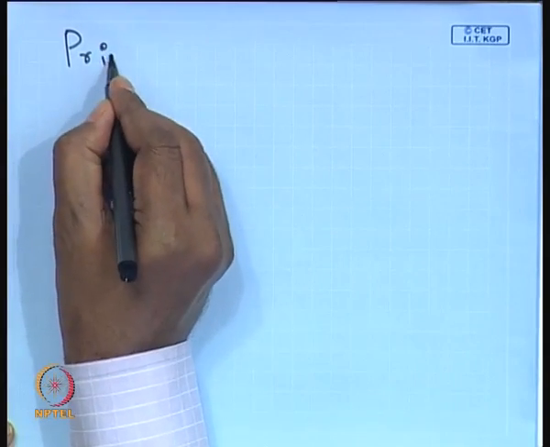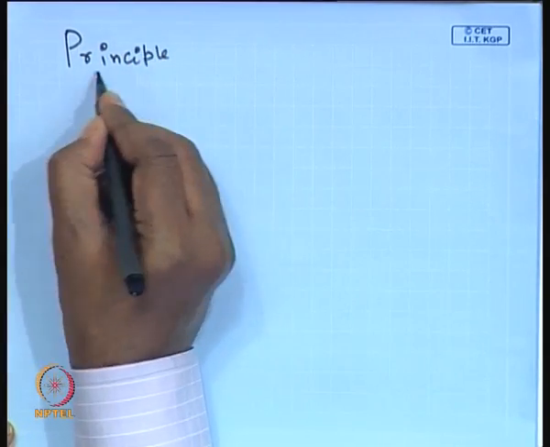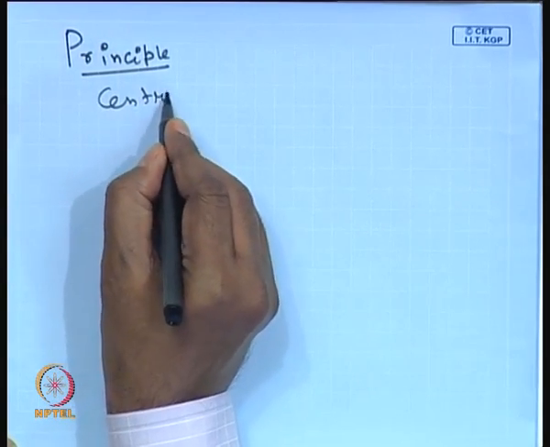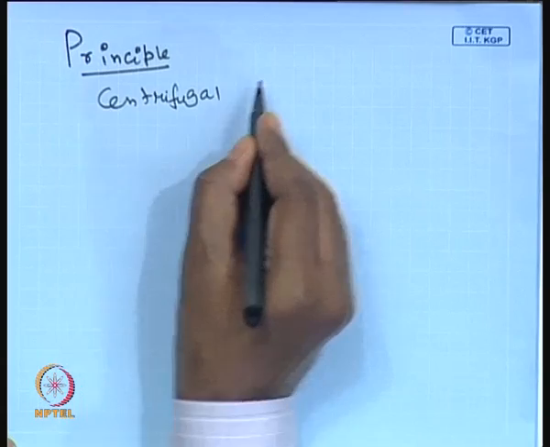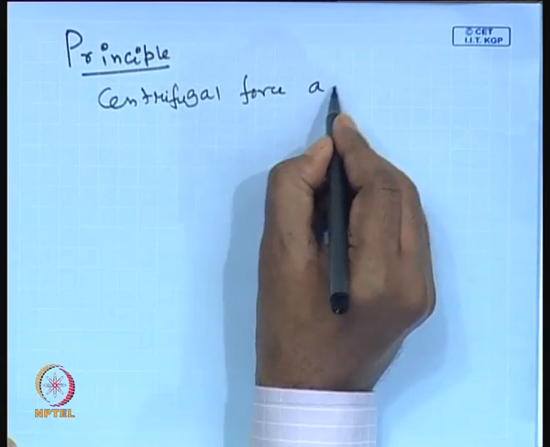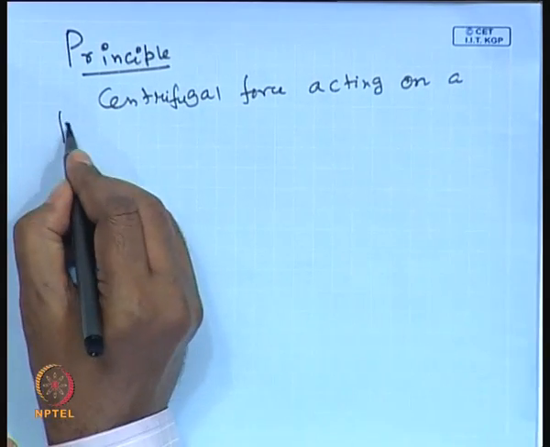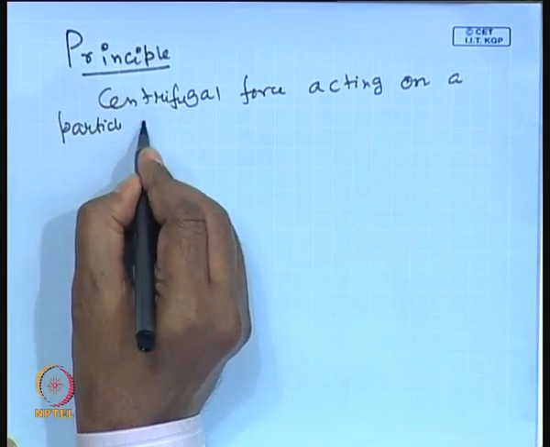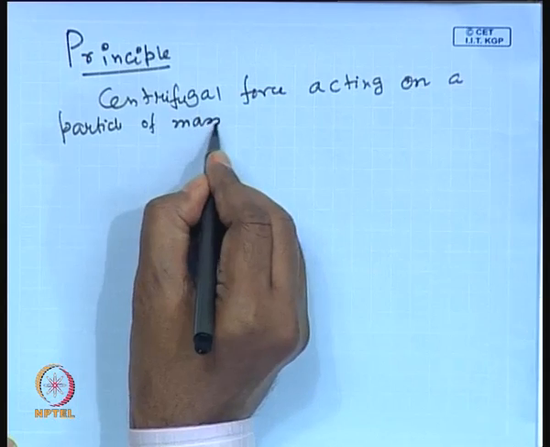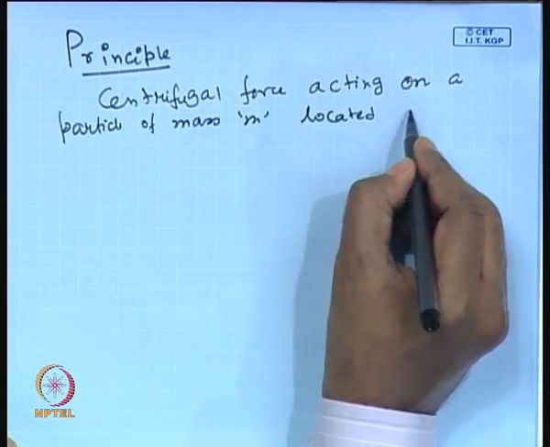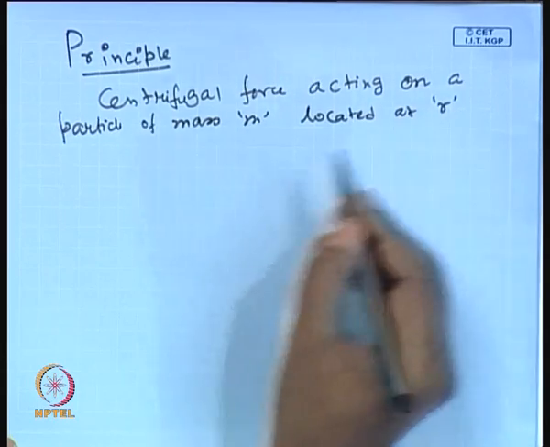Now, let us look into the principle of the centrifugal separation process. Let us say centrifugal force acts on a particle of mass m located at a radial distance r from the center.